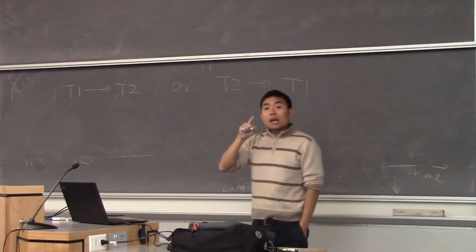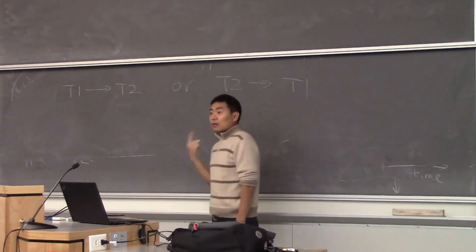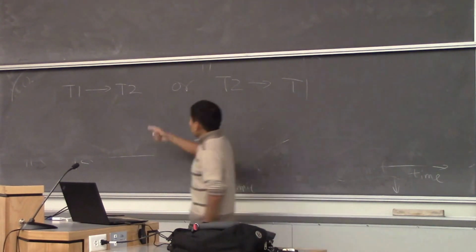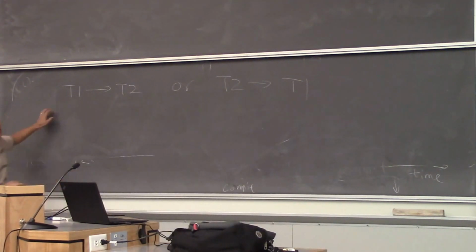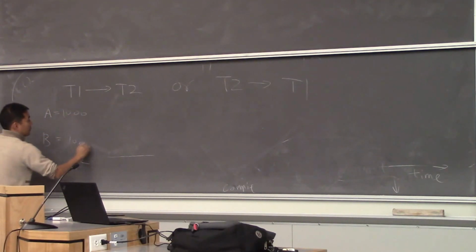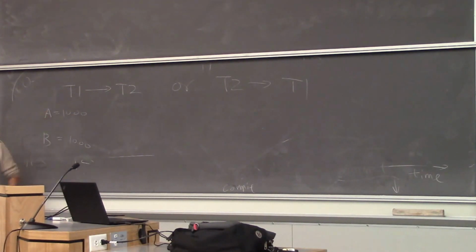And in this particular case, the end effect is the same. If you do T1 and T2, what happens? Well, I have 2 accounts A and B. Let's say they both have $1,000 to begin with. If I do T1 and T2, what's the end effect?